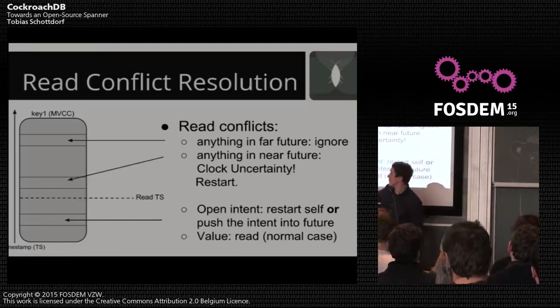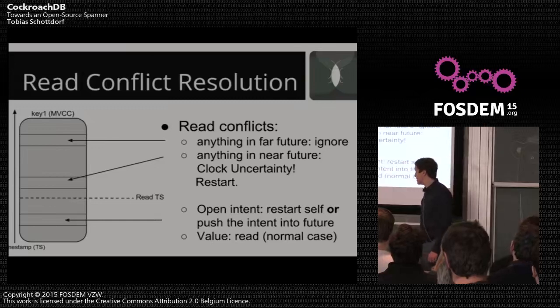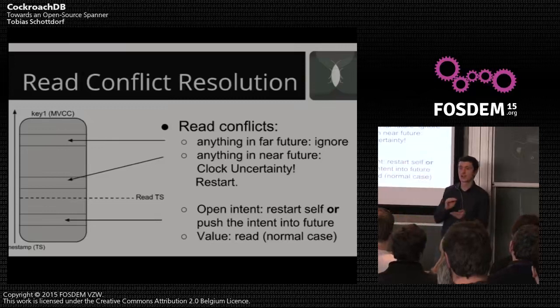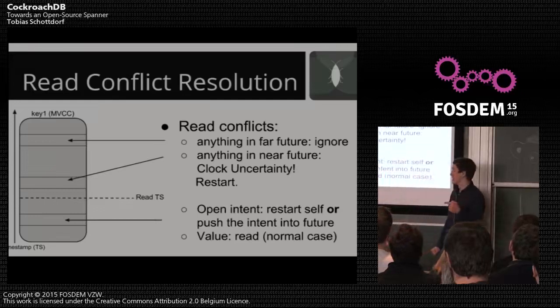And now if you're a transaction and you want to read at a timestamp, what do you do if you see a value that's in the future? Do you want to read it or not, or do you restart? And what you should be doing, and this is one of the parts where clock uncertainty, the absolute time uncertainty, comes into play, is you have to decide if the value is close enough to your own timestamp to actually have happened before your timestamp.